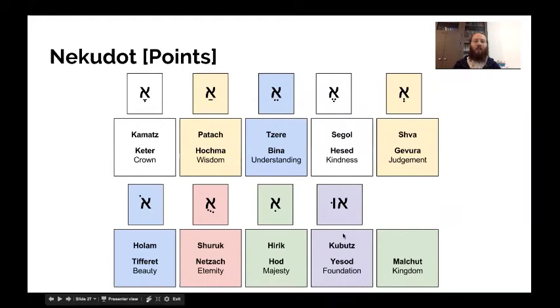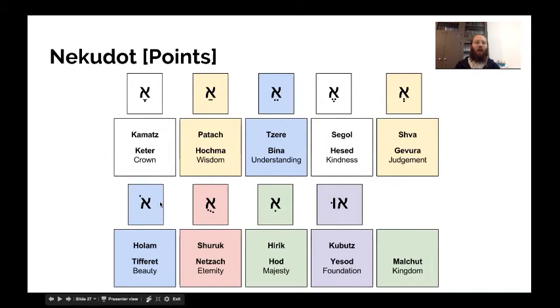And notice that each of the words of the pronunciation has the sound in it. So kamatz, patach, tzere, segol, right? Segol, shva is the shva.